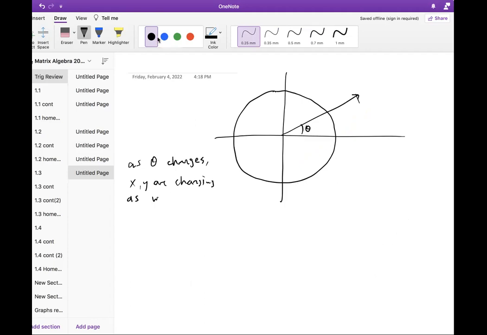So as theta is increasing, what is happening to the x and the y? Maybe the x is decreasing, but the y is increasing, for instance. If this is the theta here, and then let's look at a theta over here, the new x is going to be shorter and the y is going to be bigger.